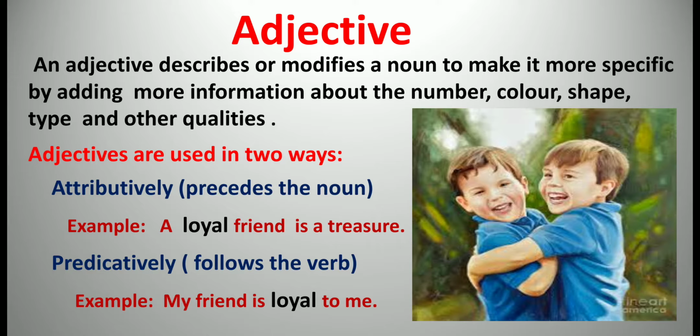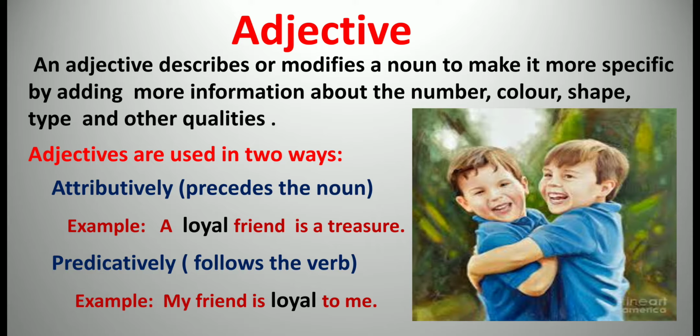For example, a loyal friend is a treasure. In this example, the adjective loyal is placed before the noun, friend, and is an epithet or an attribute to it.